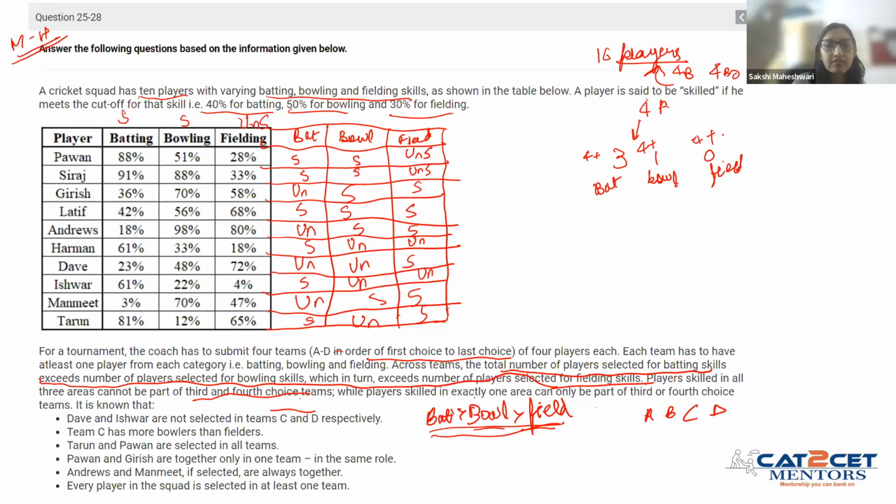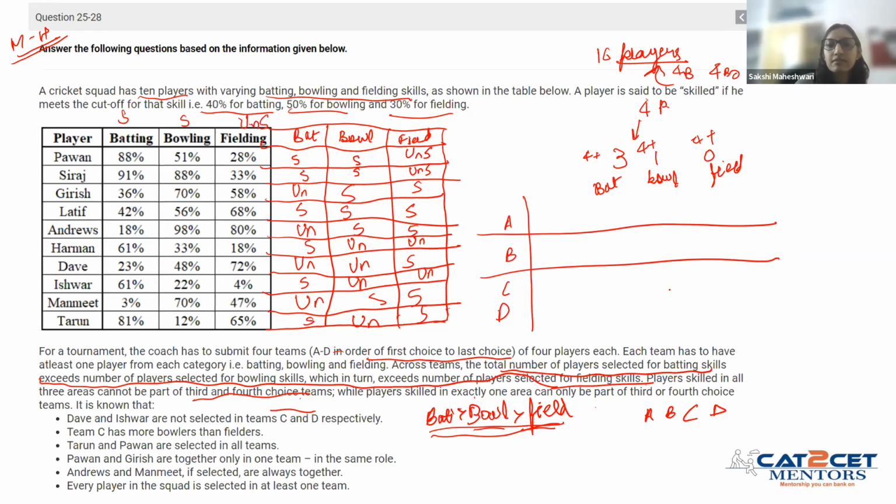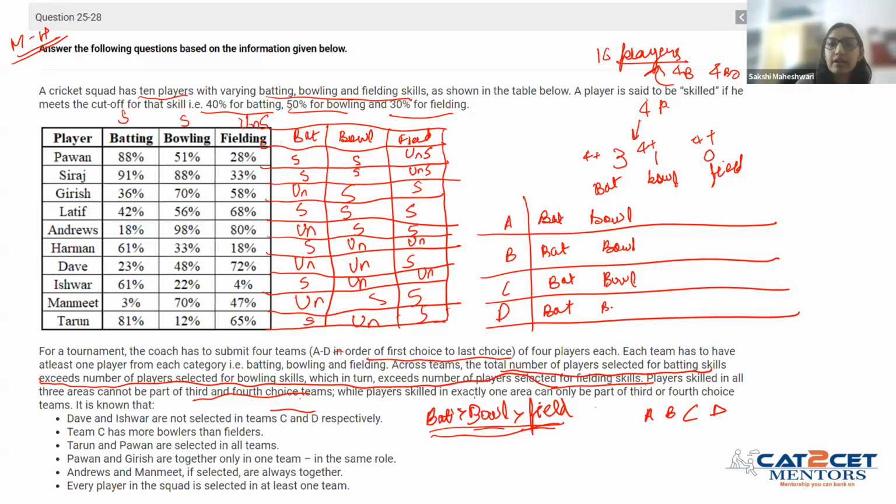Now you'll need to form these teams A, B, C, and D. For example, you'll need to have bat, bat, ball, ball, ball, ball, and field. And the fourth one, we don't know what it will be. We need to decide this 3 and 1.